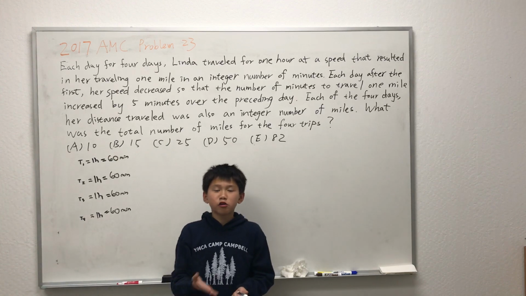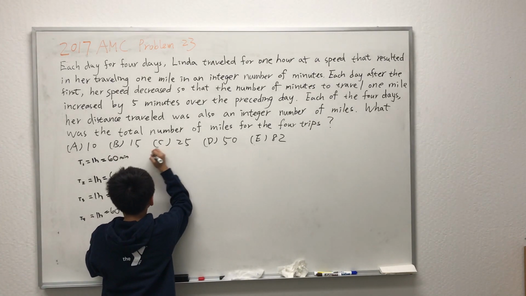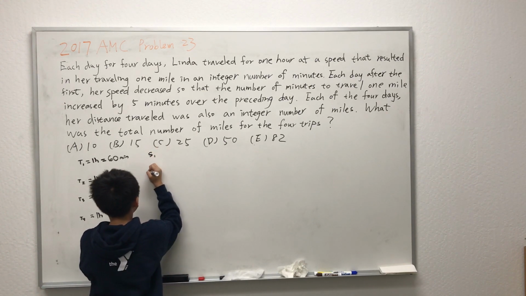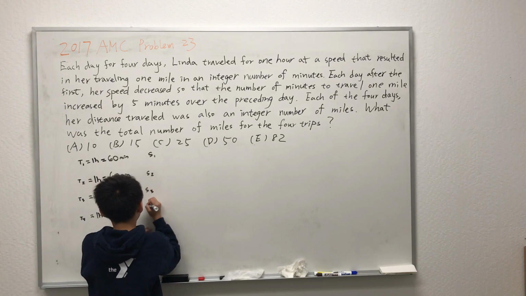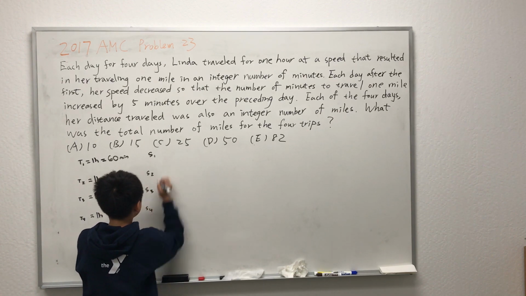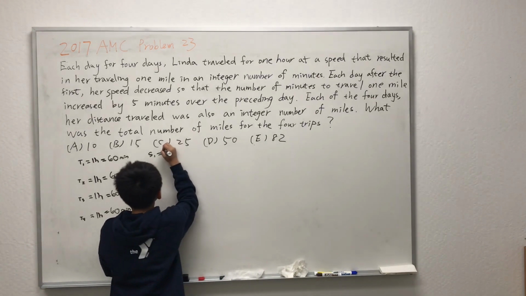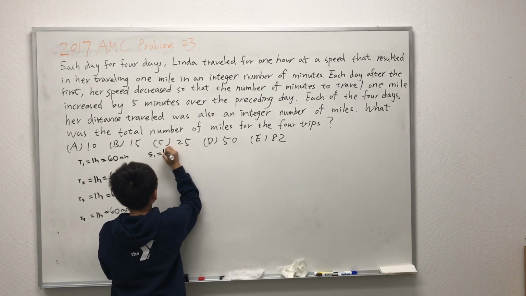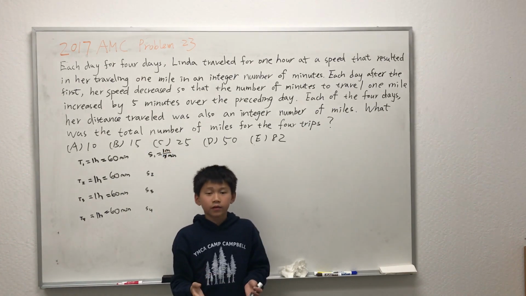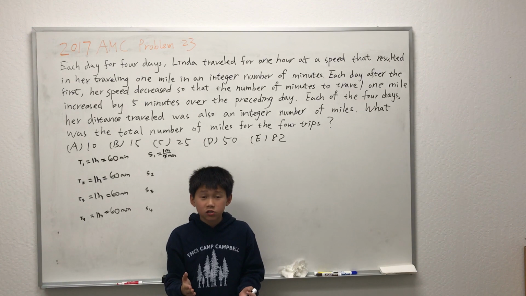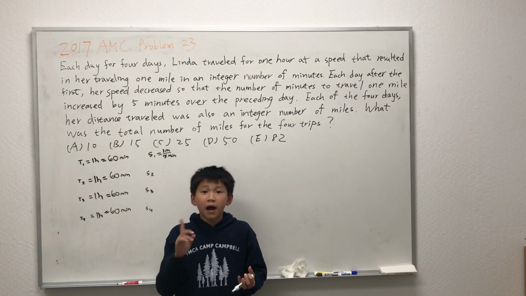Okay, now we can worry about the speed of Linda for all 4 days: the speed for the first day, the second day, the third day, and the 4th day. The speed for the first day is that Linda travels 1 mile in X minutes. We do not know what X is right now. But the problem does tell us that every day Linda takes 5 more minutes to travel a mile.